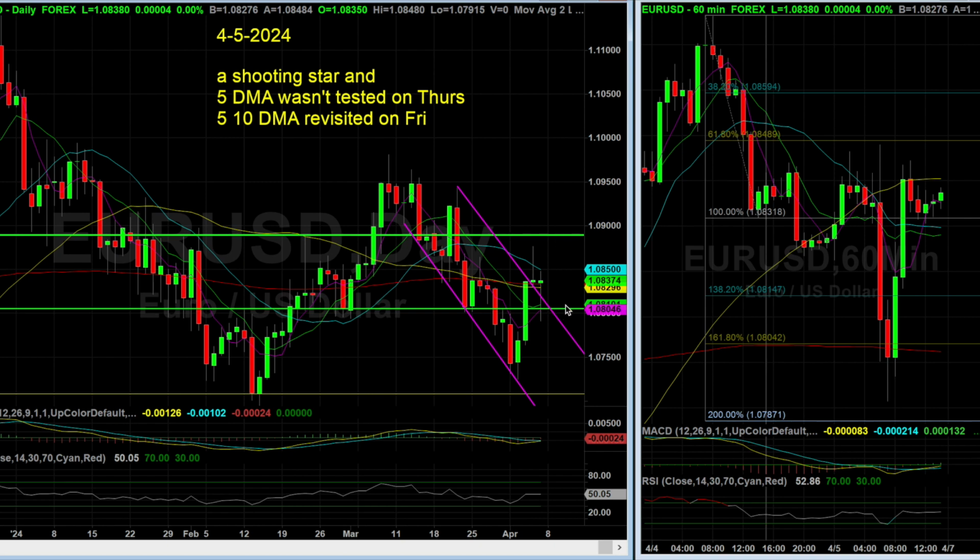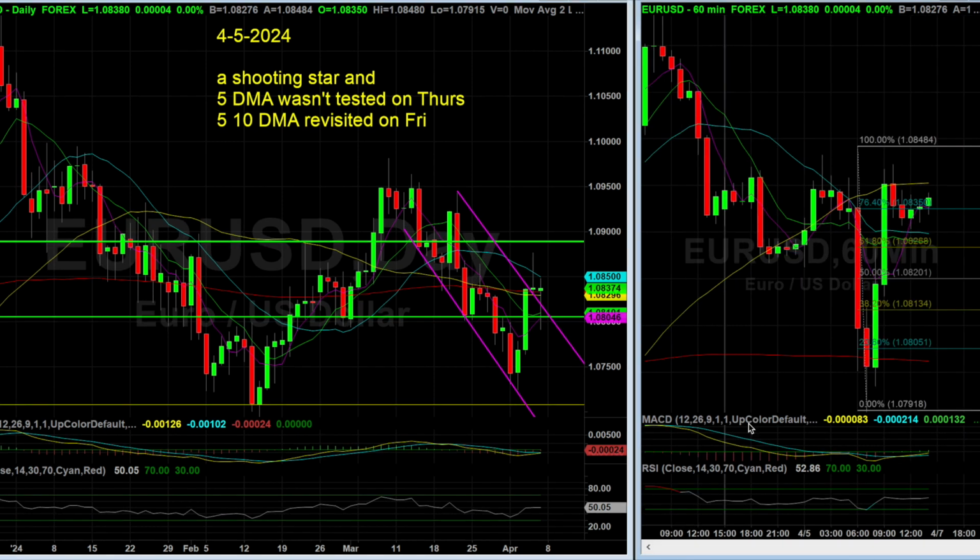For the support is 1.08, resistance should be 1.09 levels, and I'm expecting on the daily chart, 5-day moving average should be tested again. But the 5-day will cross 10-day moving average, so be careful.